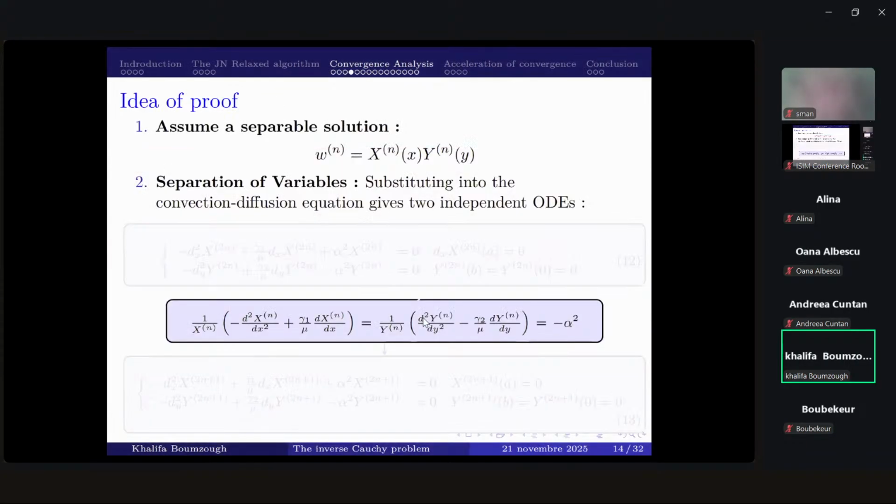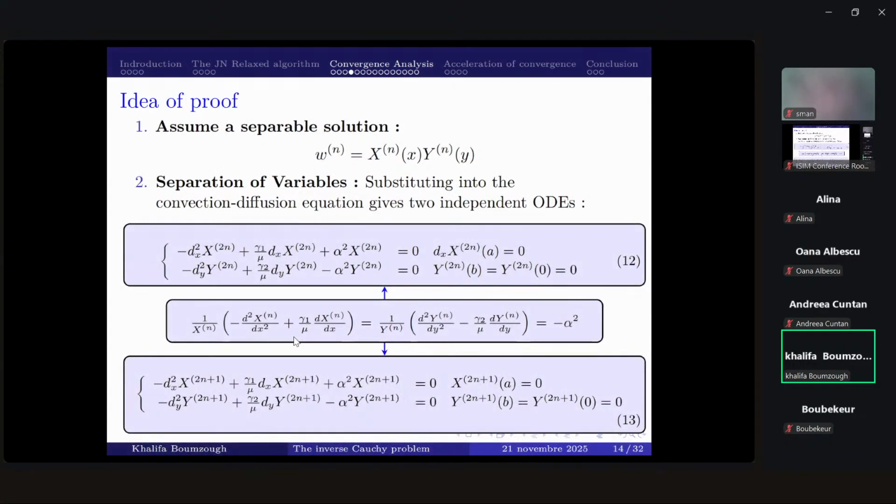The idea of the proof: we assume the separated solution Wn equals Xn times Yn. Using the technique of separation of variables, the convection diffusion equation gives two independent ordinary differential equations defined like that.